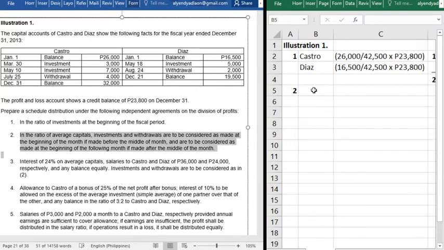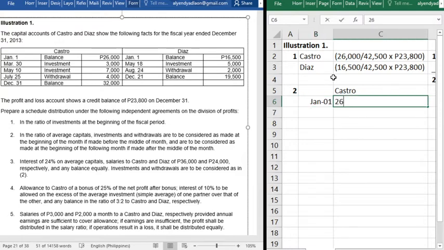Let us start with their balances. Rather, let us start with the beginning balance. We have Castro's beginning balance. For the beginning balance of Castro, class, that is 26,000.